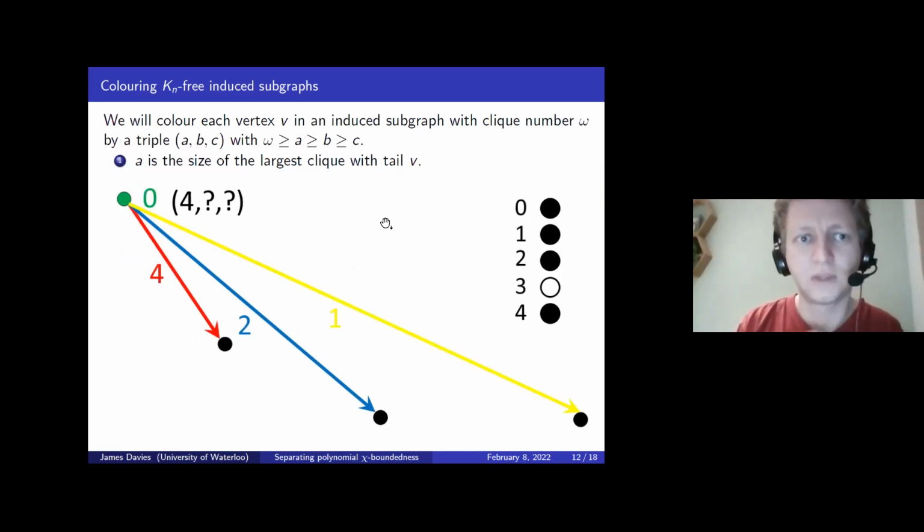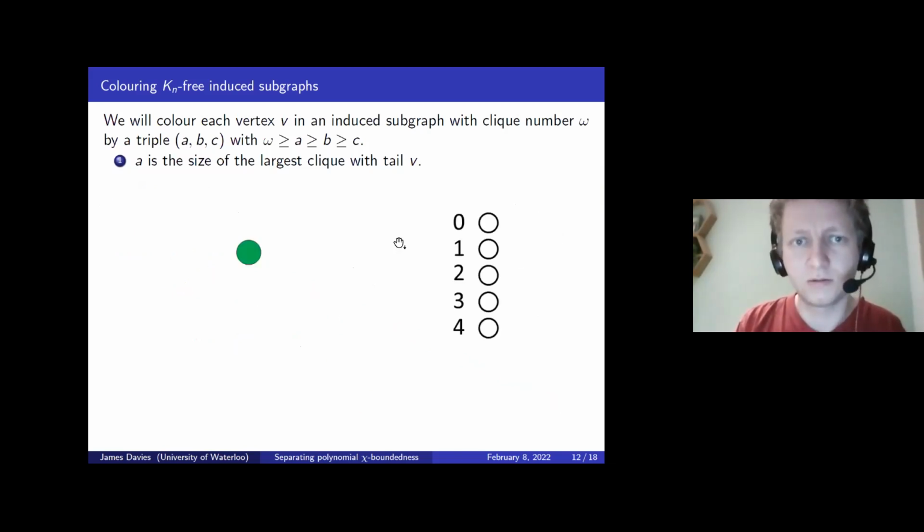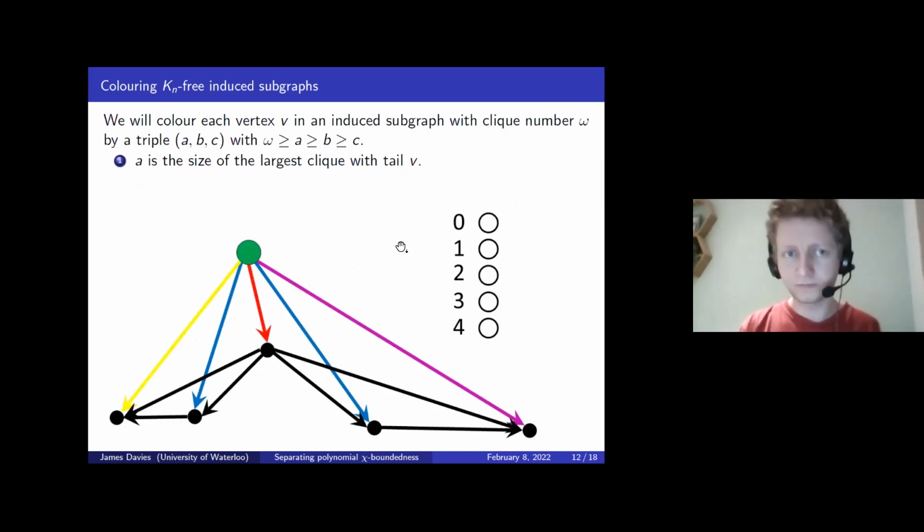So next we need to start thinking about what we're going to give to B. So for deciding B, we again want to look at the maximum cliques, with our tail being this green vertex. But we want to account for when we have more than one maximum clique. So in this case, more than one clique of size 4. And we want to somehow account for different types of 4 cliques with our choice of B.